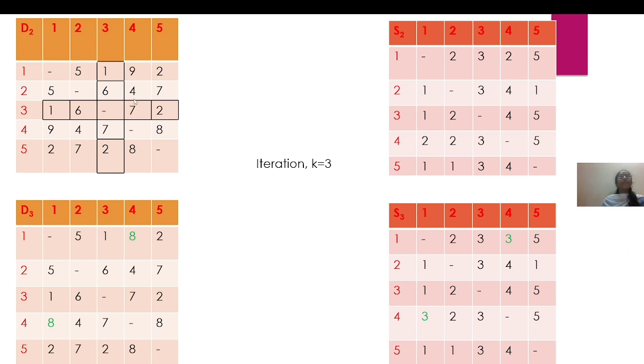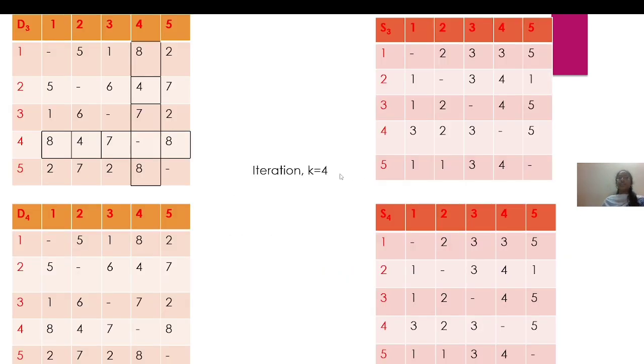So 1 plus 7, that is 8. It's less than 9. So we are going to replace these values. That is, we have got the changes in this fourth column first element and fourth row first element. Similarly, we are going to change the vertex sequence matrix and substitute the iteration value in the S3 matrix.